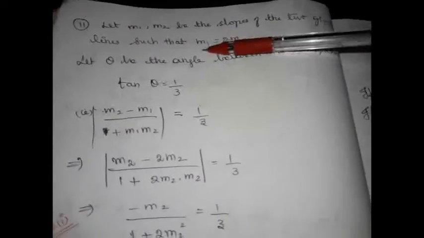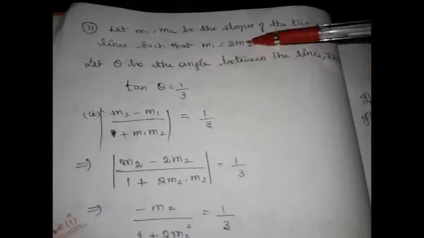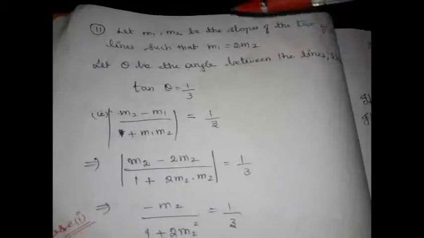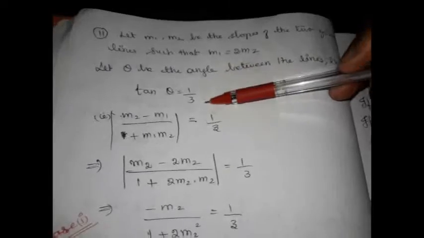Let us see how we can solve this problem. As I told you, let m1 and m2 be the slopes of the two given lines such that m1 is equal to 2m2. That is what is given in the question. Let theta be the angle between the lines, then tan theta is 1 by 3.